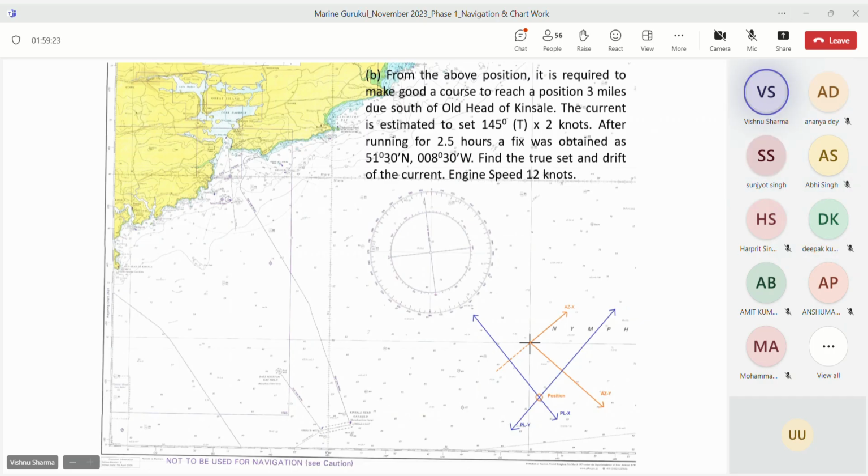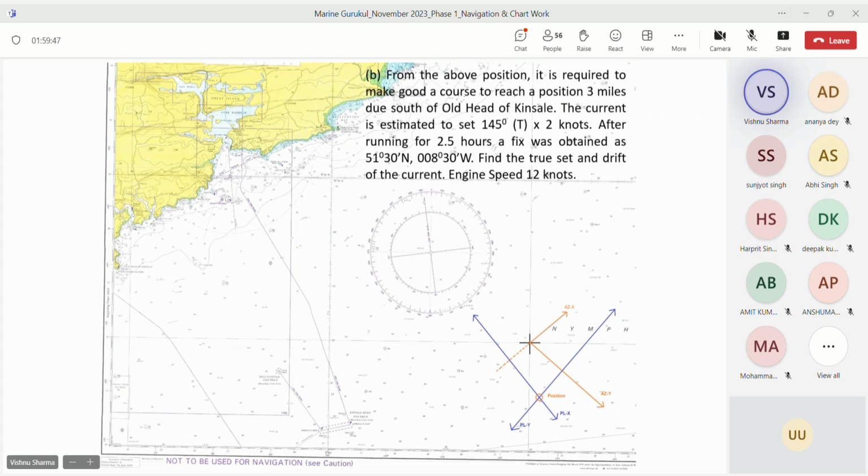Okay. Now be careful, and I'll be happy if some of you can correctly answer. Now read the question carefully. From the above position, it is required to make good a course to reach a position 3 miles south of Old Head of Kinsale.